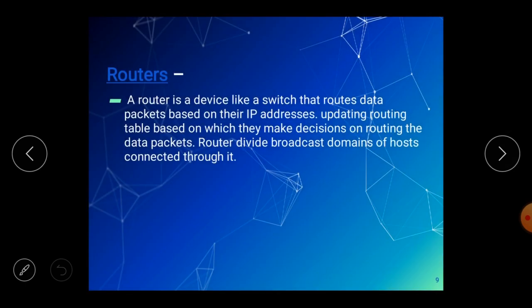Now the next network device we have is the router. As its name implies, the router resembles something to do with routes. When the router receives some type of data and has to send the data to the receiver, what does the router do? The router selects a particular path which has less traffic.